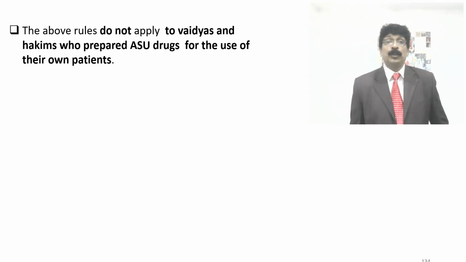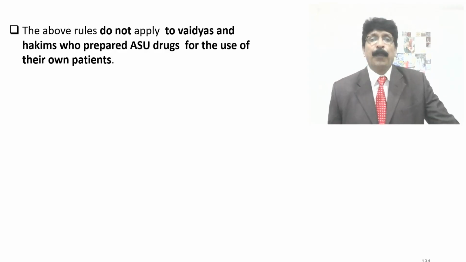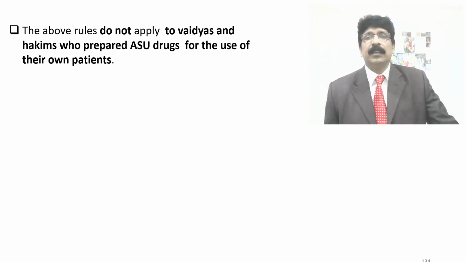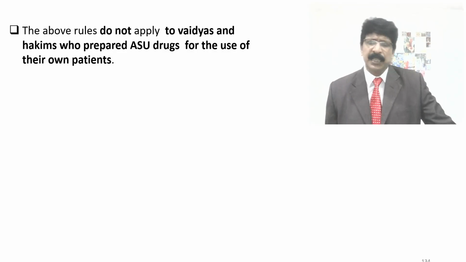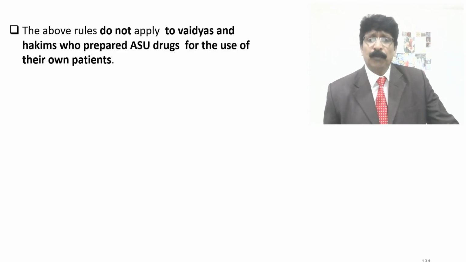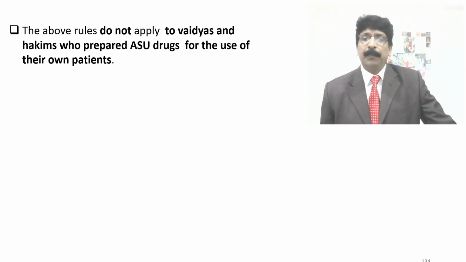So these rules do not apply to the Vaidyas and the traditional Ayurveda practitioners. Hakims means the traditional Unani practitioners, who can prepare for the use of their own patients; this law can be exempted.